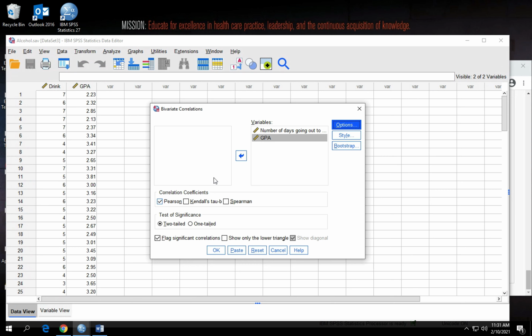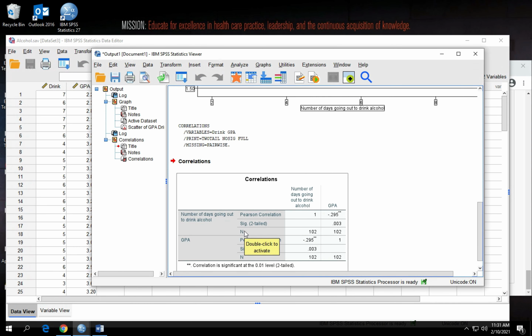These are both continuous, so we can use Pearson. If one was ordinal, then we would have to use one of these other ones. But they're both numerical, so we're good. We'll hit OK, and we can see that our p-value is 0.003, so there is a significant relationship. It's a small negative one, but it is significant.